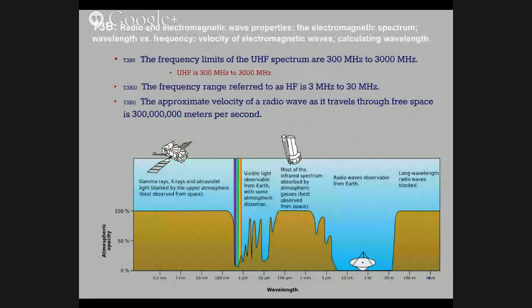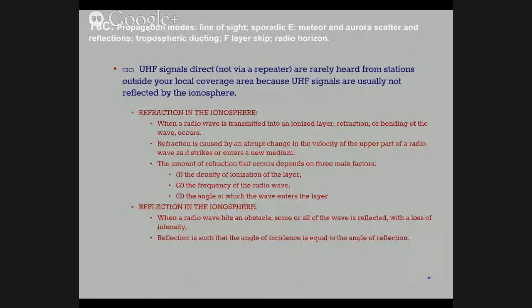So generally, with UHF and VHF, we only hear local stations, unless they're using a repeater to extend their range. Even then, it's all line of sight. I think we covered pretty much all of that.